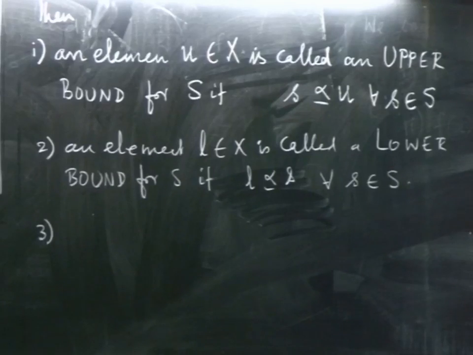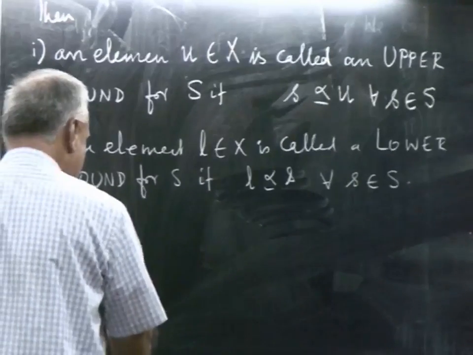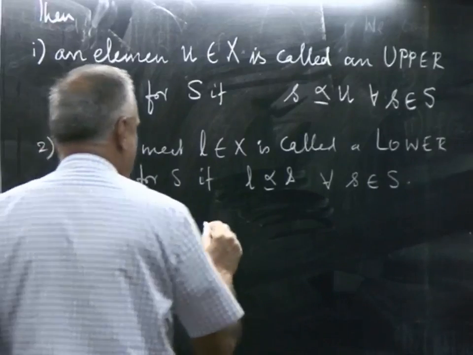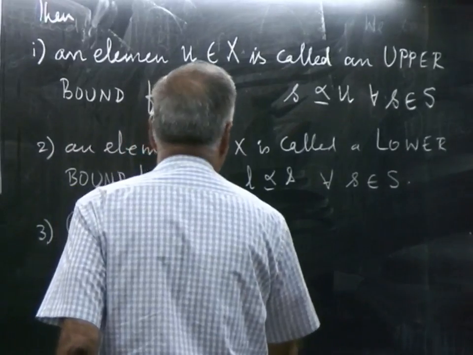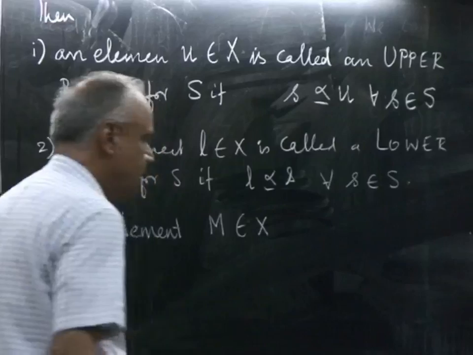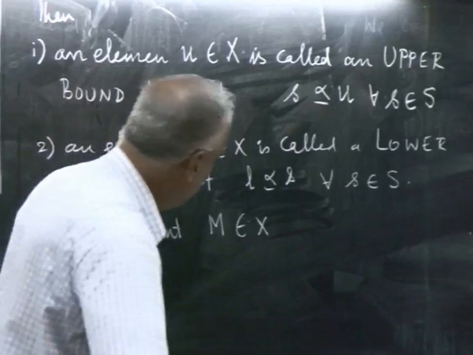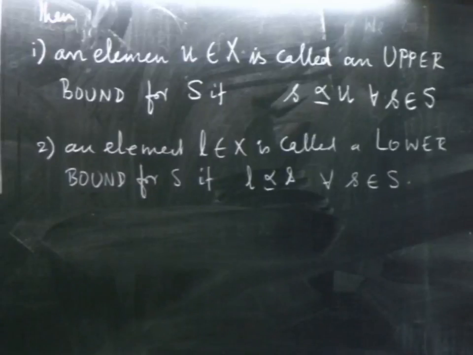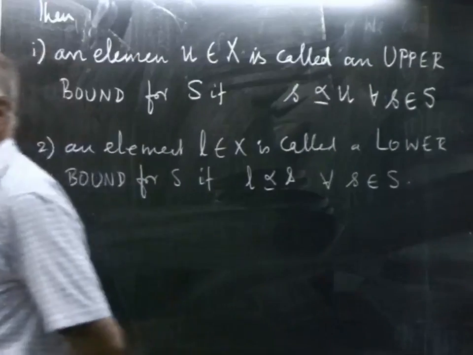Okay. An element, watch the definition carefully, an element M belonging to X. Okay, let me restrict for the time being only to upper and lower bounds, because that maximal is with respect to the full poset. I am looking at only the sub poset. I am not going to introduce the notion of least upper bound, greatest lower bound. Ideas are the same. At the moment, I need only the notion of upper bound.